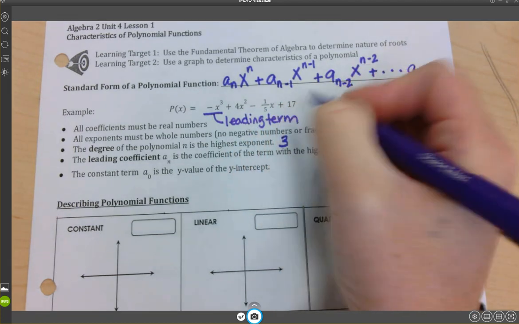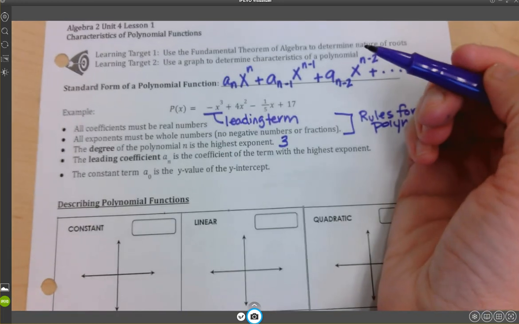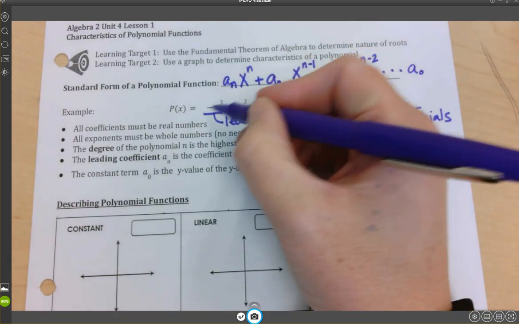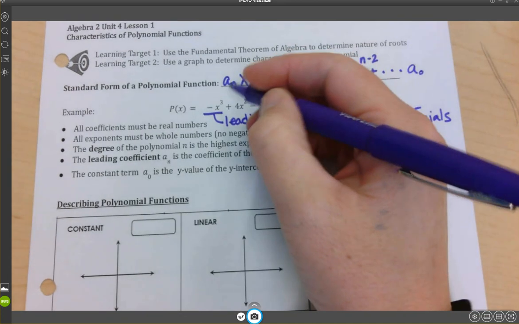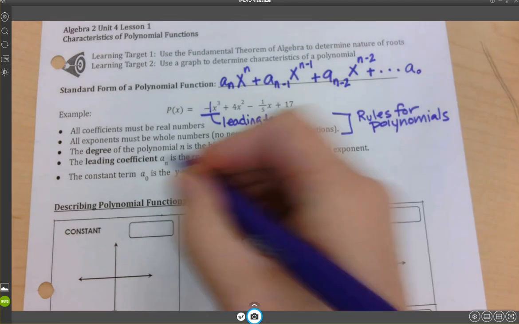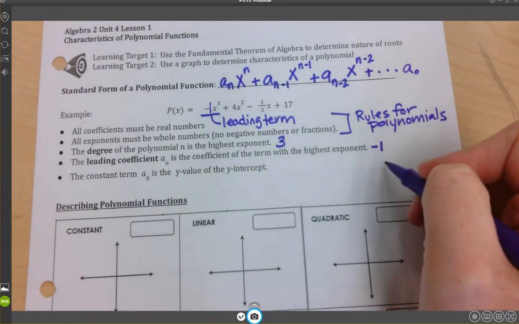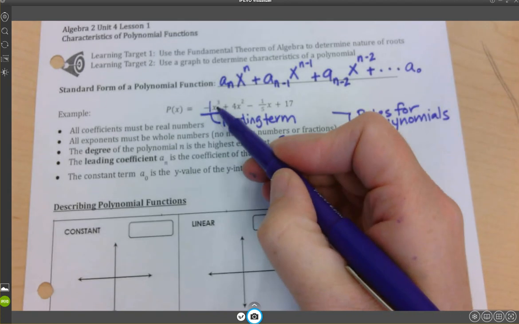You're thinking, what is the coefficient? What number is being multiplied times my x to the third? So you probably noticed the negative there, but we don't see a number. Remember, that's going to be the same as negative 1. So my leading coefficient is negative 1. My leading term is negative 1x to the 3.